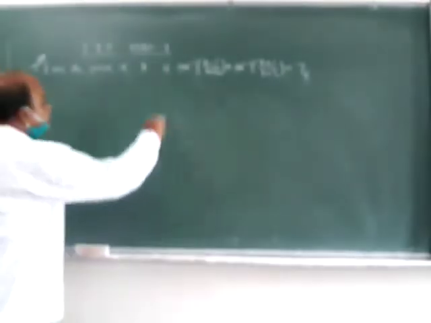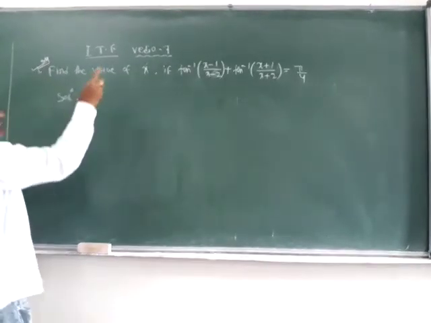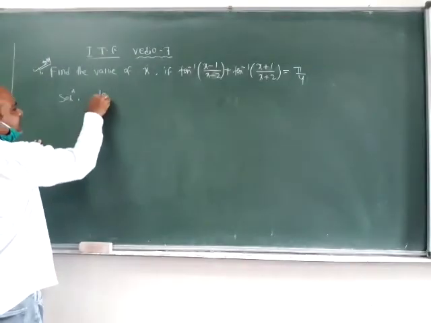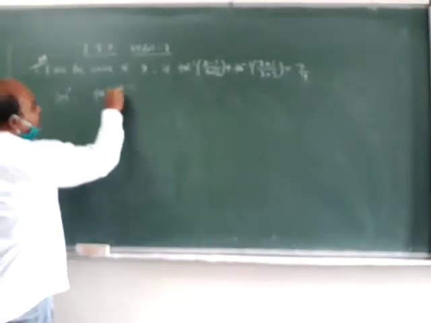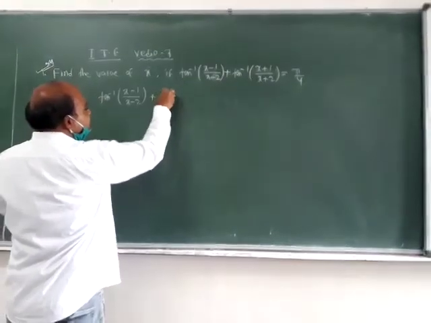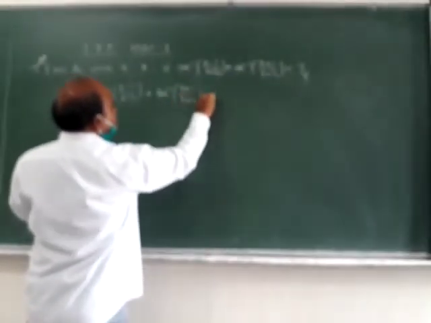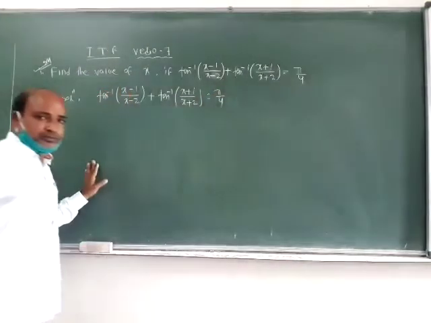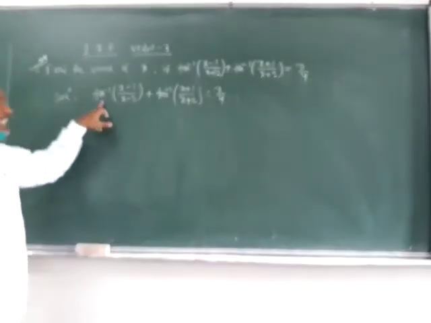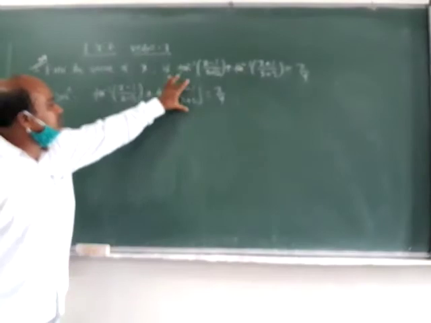First of all, how to find the value of x by taking that condition. What is the condition given? Tan inverse of (x minus 1) by (x minus 2) plus tan inverse of (x plus 1) by (x plus 2) is equal to pi by 4. Now you see the LHS is of the form tan inverse x plus tan inverse y.